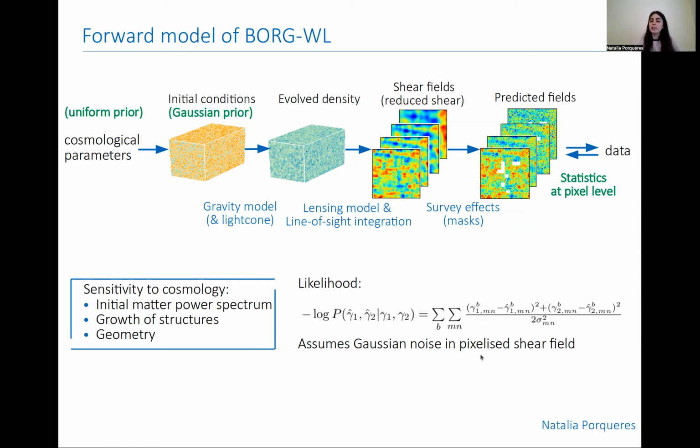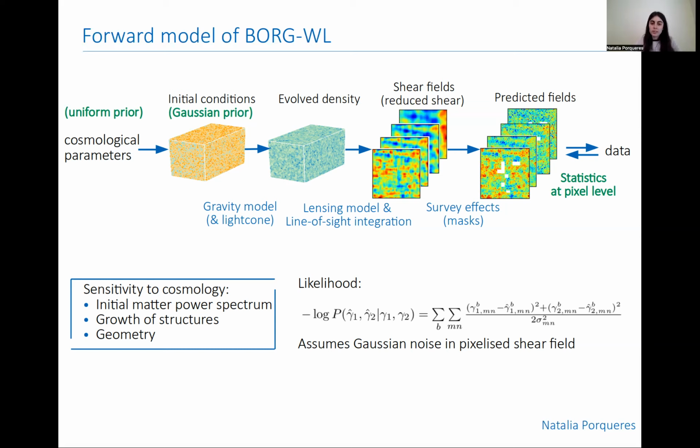We are assuming that the noise in the pixel is Gaussian. So we assume that after we average the shape of the galaxies in the same pixel, the noise in these big pixels that contain several galaxies is going to be Gaussian.